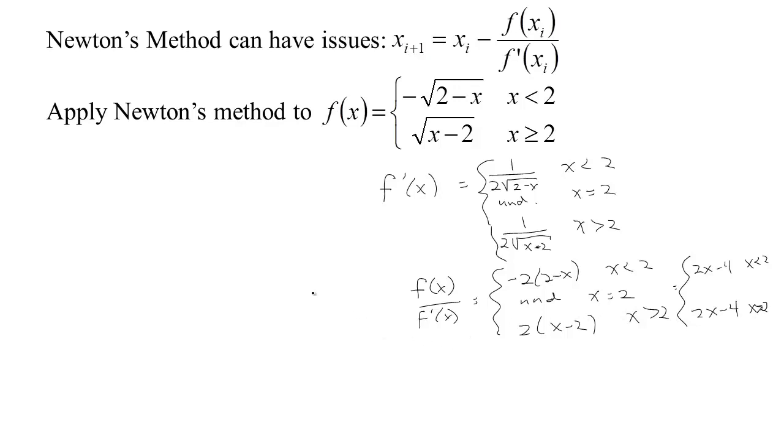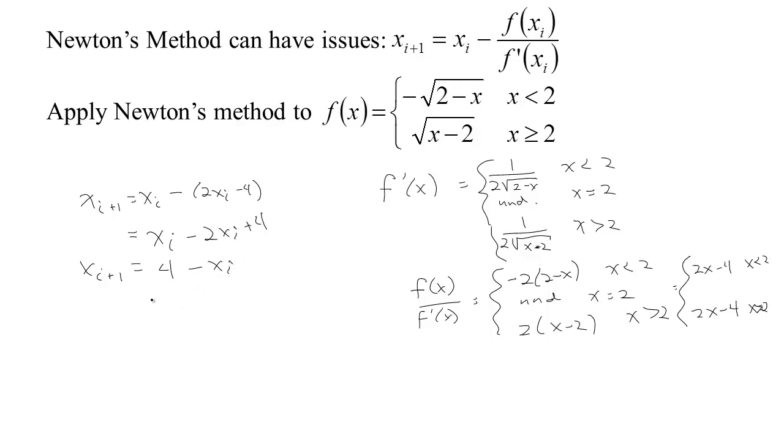So that means that our next guess, x sub i plus 1, is going to be our current guess minus this. That's going to be x_i minus (2x_i minus 4), as long as we don't guess 2, which simplifies to x_i minus 2x_i plus 4, which would be 4 minus x_i. So our next guess is always 4 minus the current guess.